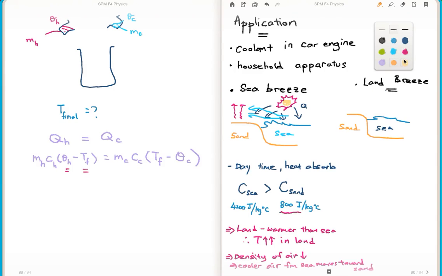At night time, so this is your moon, half moon. What happened at night time? It's a continual process, isn't it? This is night time. What happened?